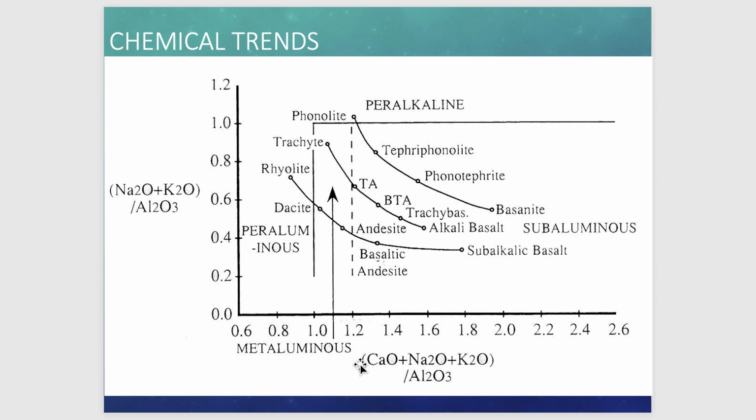So of course, if you increase the denominator here, so the calcium, sodium, potassium index, well, you would be up in this range because the ratio value will increase. So between 0.6 and 2.6. So rocks that are extremely rich in calcium, sodium, potassium will fall in this domain.